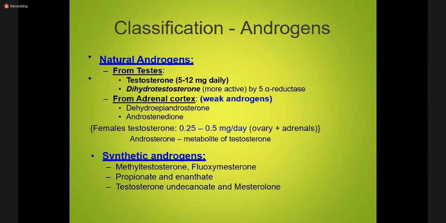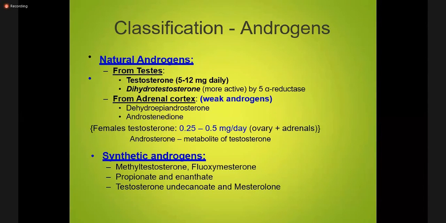We also have some quantity of androgens from the adrenal cortex. These are dehydroepiandrosterone and androstenedione. They are weak androgens, not very effective. In females also, we have a small quantity from the ovary and adrenals. So the main androgen in males is basically testosterone, and its active form is dihydrotestosterone.